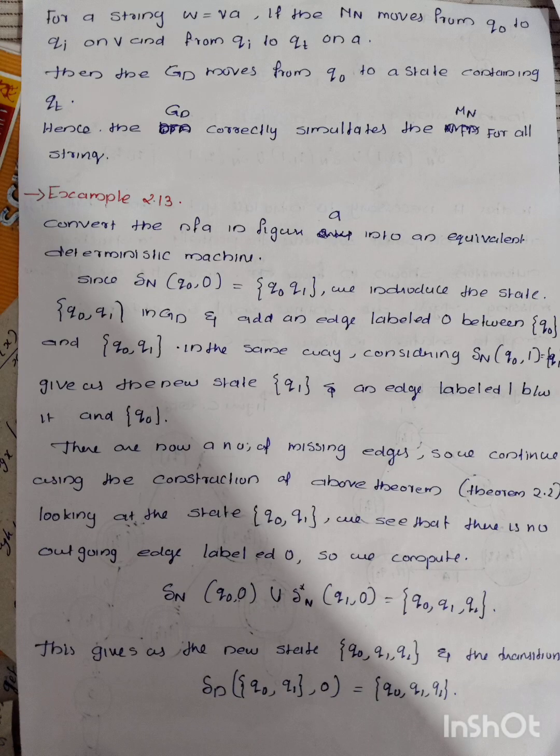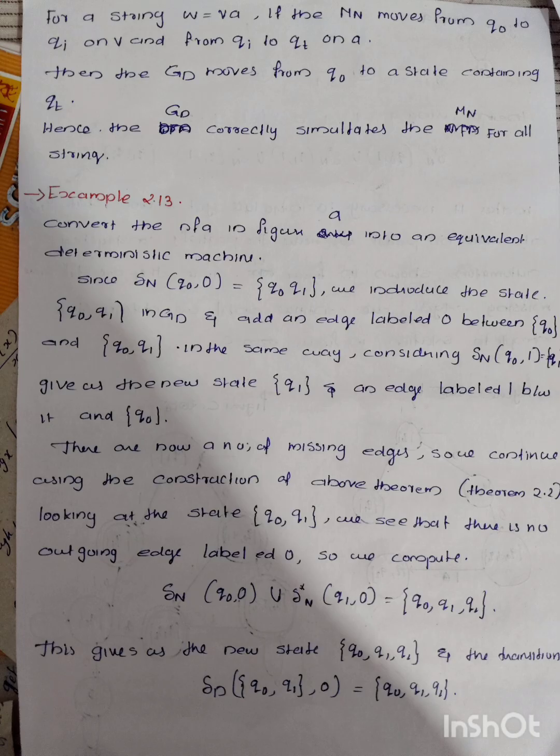For a string w = va, if the Mn moves from q0 to qi on v and from qi to qt on a, then the GD moves from q0 to a state containing qt. Hence the GD correctly simulates the Mn for all strings.